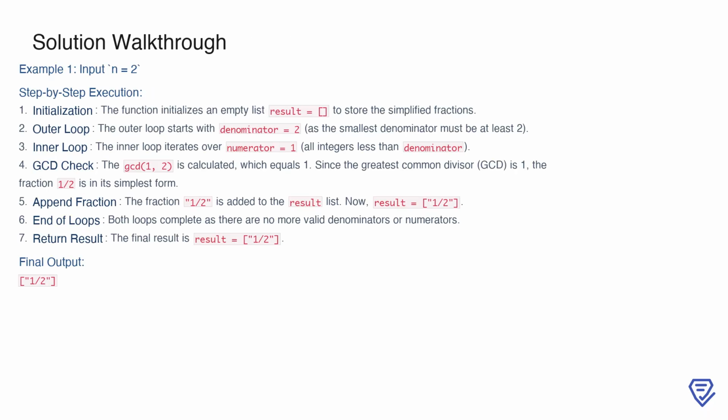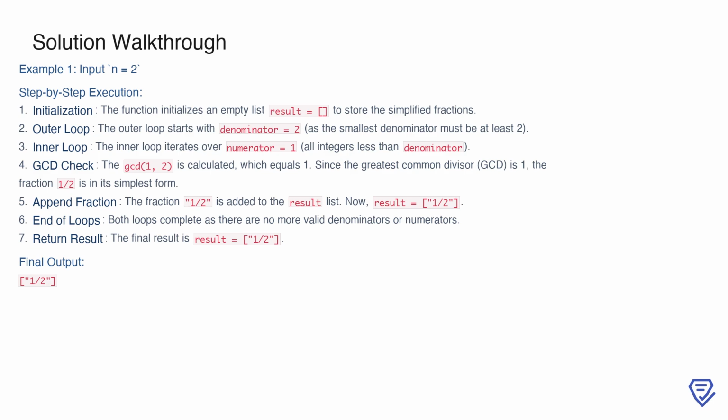To begin solving the problem, we start with the simplest case where the input is n equals 2. The first step is to initialize an empty list called result that will hold all the simplified fractions. Then, we enter the outer loop, which begins with the denominator set to 2 because a fraction's denominator must be at least 2. Inside this outer loop, we have an inner loop that iterates over possible numerator values that are less than the current denominator.